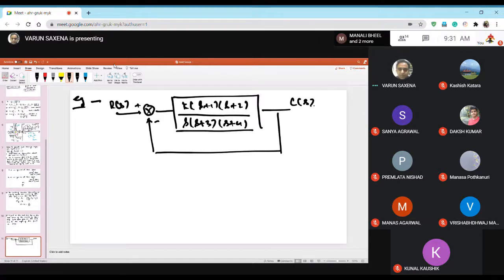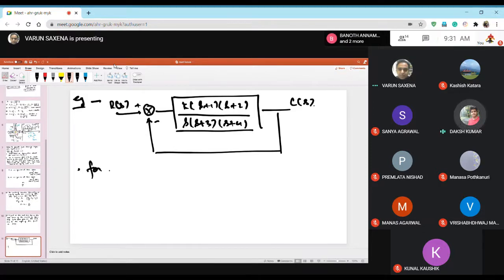Now let's apply all the rules that we have done so far and see where we get. My first question is, how many branches over here? First of all, tell me how many poles and zeros there are for the open loop transfer function.